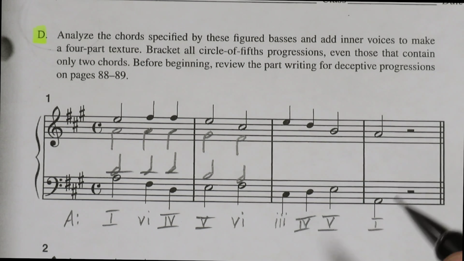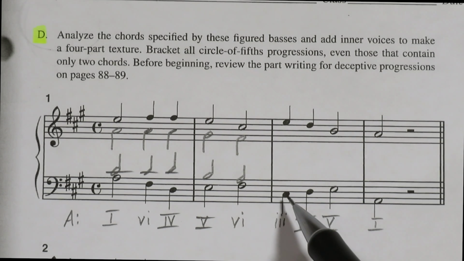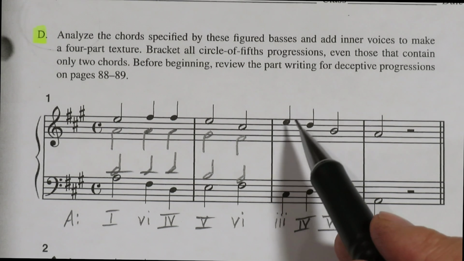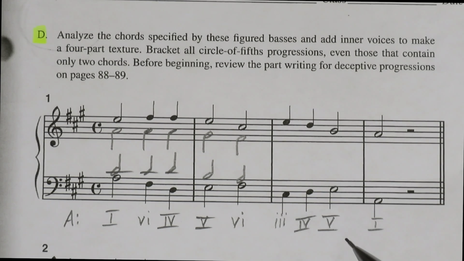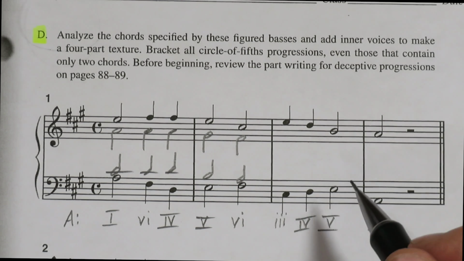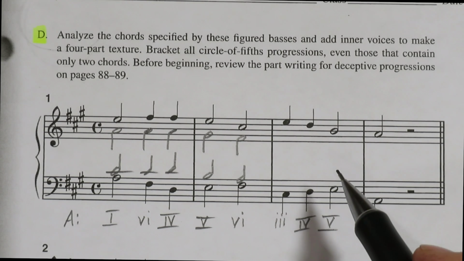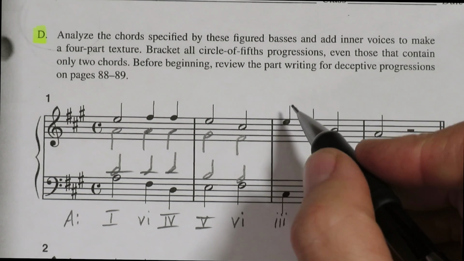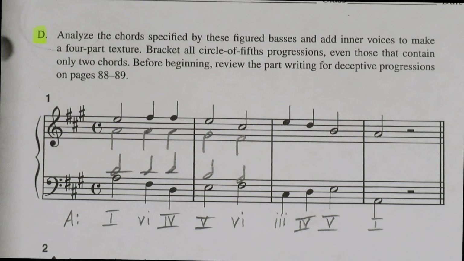Alright, so here's our 3 chord, a C sharp minor. So C sharp, E, G sharp. We have the C sharp and the E. So we want to double the C sharp. And we need an E. So we have the E. Okay. So we need a G sharp, C sharp, E, G sharp.